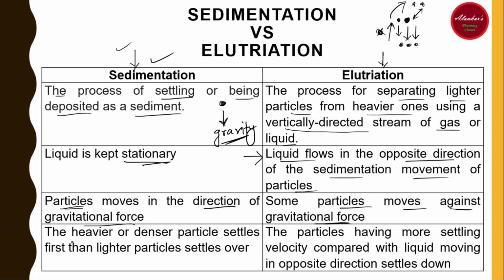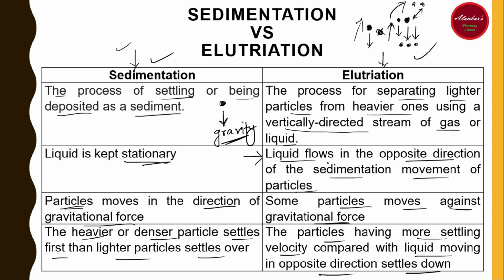Now in sedimentation, the heavier or denser particles settle first, then the lighter particles settle over them. But in elutriation, the particles having more settling velocity compared with the liquid moving in the opposite direction settle down. As we have already discussed, the particles having less settling velocity as compared to the vertically moving liquid will be trapped by the water molecules and carried away by the liquid, and the settling of the coarser particles will still occur because of their mass and density.